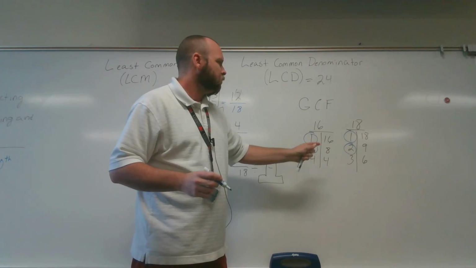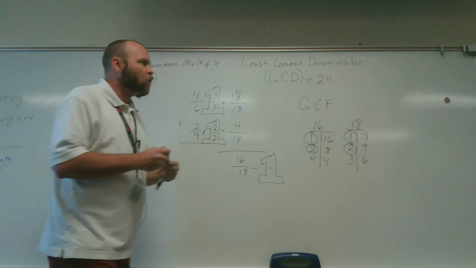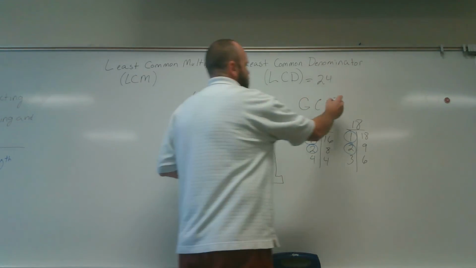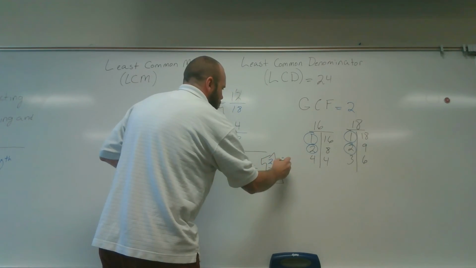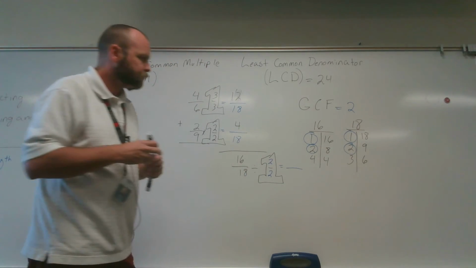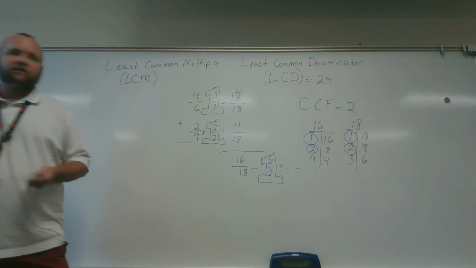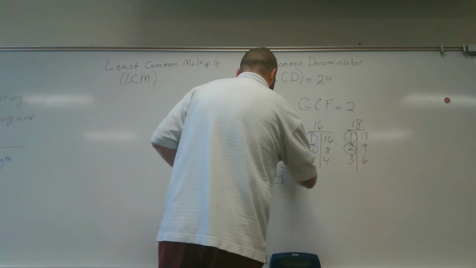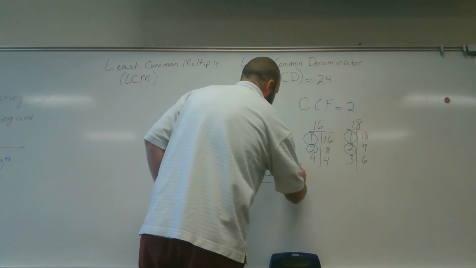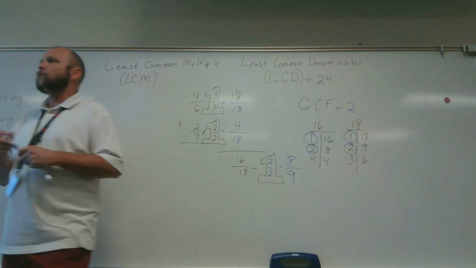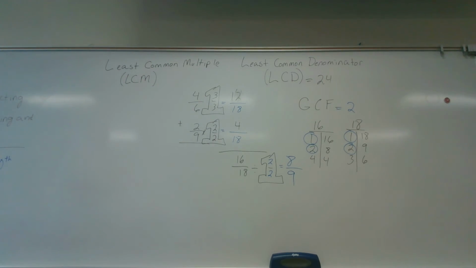No. 8? No. 16? No. So what is the greatest common factor for 16 and 18? 2. So if I divide by 2 over 2, 16 divided by 2 is 8. 18 divided by 2 is 9. What kind of fraction is 8/9? Improper or proper? Proper fraction.